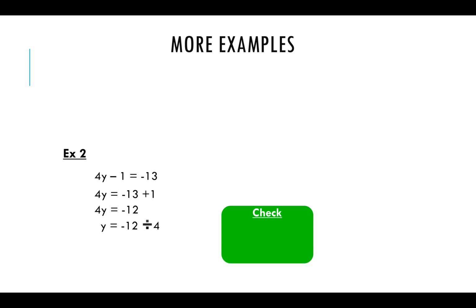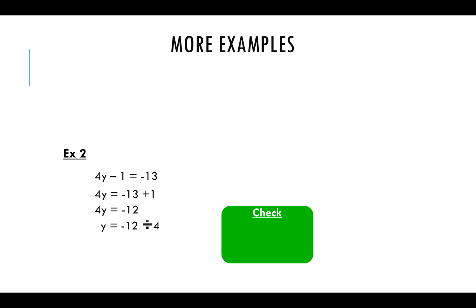If we divide 4 by 4, we get 1. Now remember, we don't need to write the 1 in front of the y. If we wanted to, we could, but we don't need it. Again, we're trying to look for the value of y. If you put a 1 in front, it's just 1 times y, which would just leave you with y.